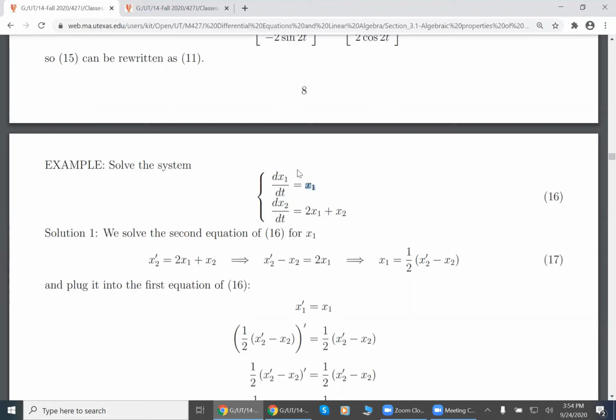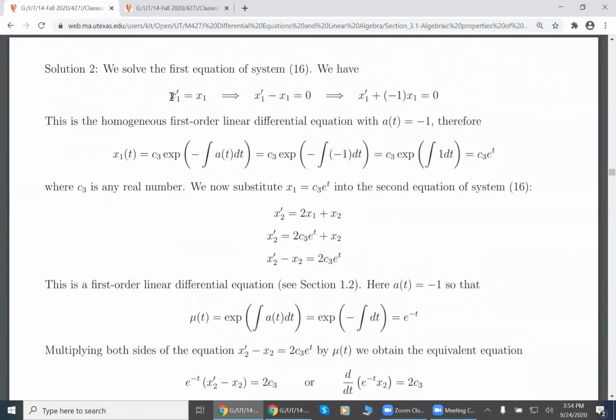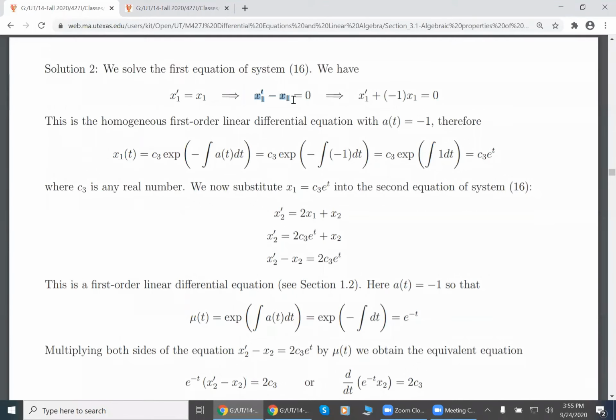If we move x1 to the left, we'll get a homogeneous equation of order 1. It's exactly what we do here. Here's equation number 1 of our system. Move x1 to the left. It's a homogeneous, first order linear equation with constant coefficients. We perfectly know how to solve it.